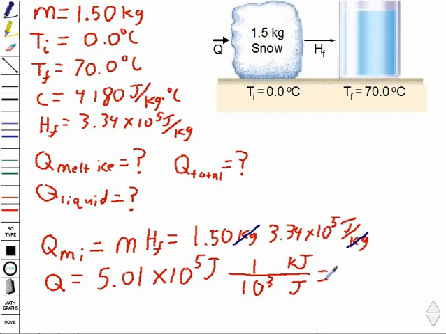When I divide by 10 to the third, I'm going to take 5 minus 3, so my answer should be the same number, 5.01, but with a new smaller exponent, times 10 to the second kilojoules. So that's my first answer.